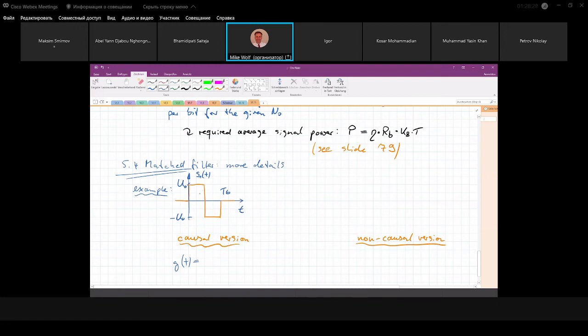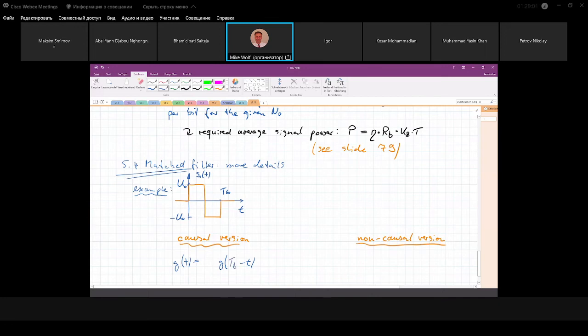I just say I want a filter whose impulse response is matched to this pulse shape. This is also a scaled version of the basis function. The impulse response for a causal version is g of minus t, but g of minus t would be just this pulse mirrored to the left-hand side. In order to shift it back to the right side, I need to write tb minus t.